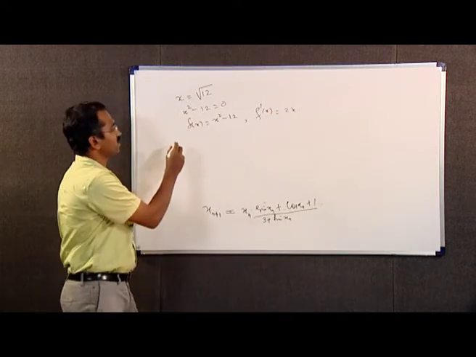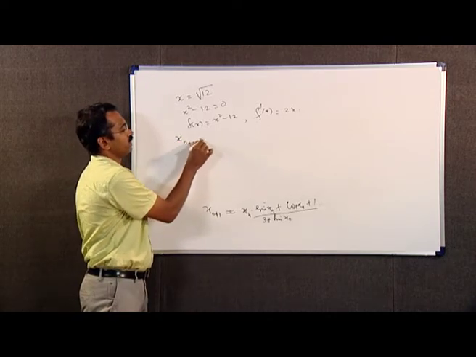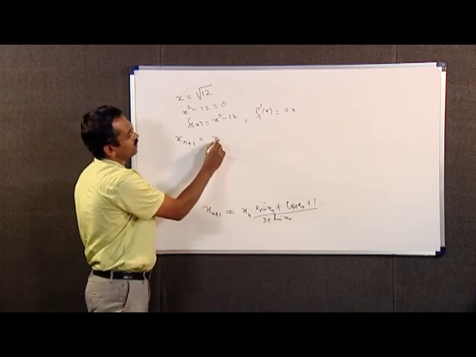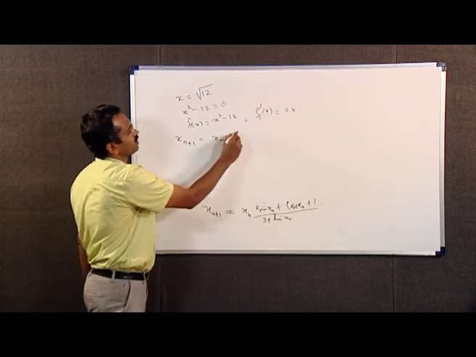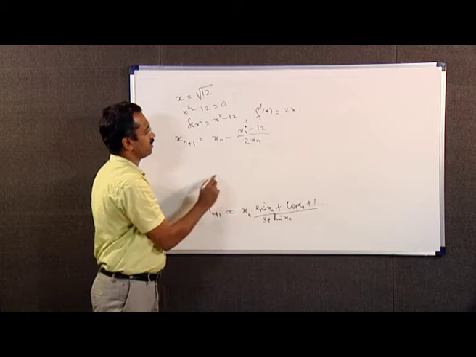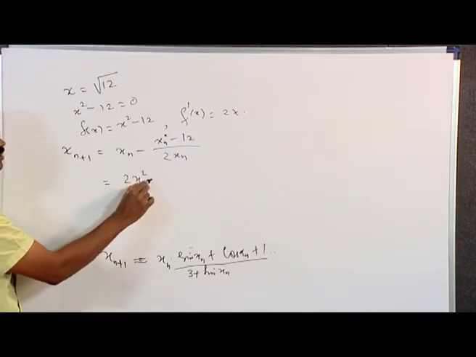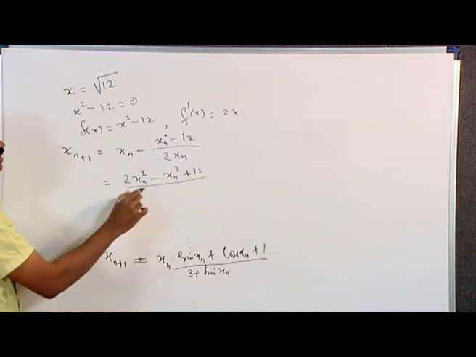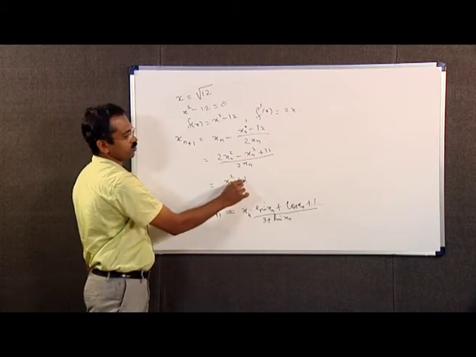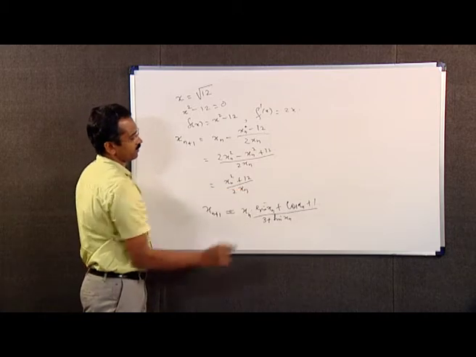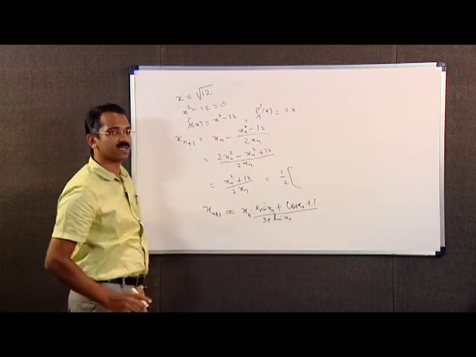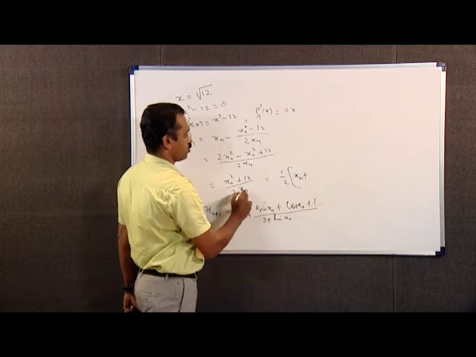Then by using the iterative formula for Newton-Raphson method, we can write x n plus 1 is equal to x n minus f of x n, that is x n square minus 12, divided by f dash of x n, that is 2 x n, which is equal to 2 x n square minus x n square plus 12, all divided by 2 x n, that is equal to x n square plus 12 divided by 2 x n, which can be written as 1 by 2 into x n plus 12 by x n.